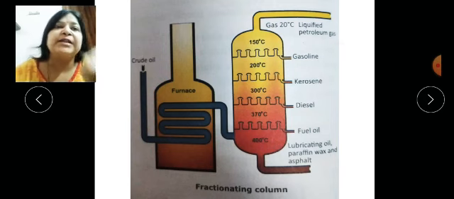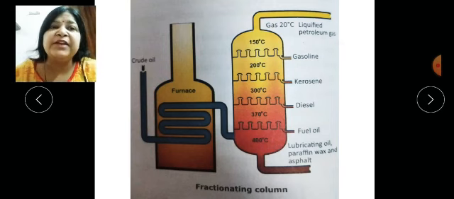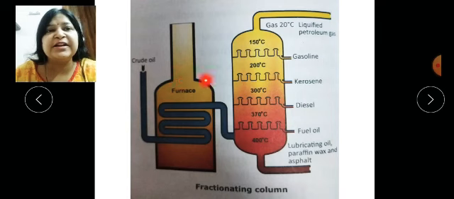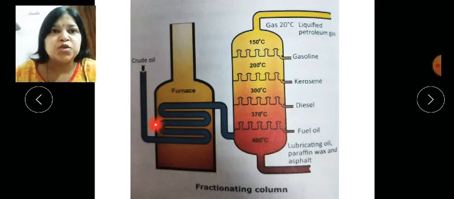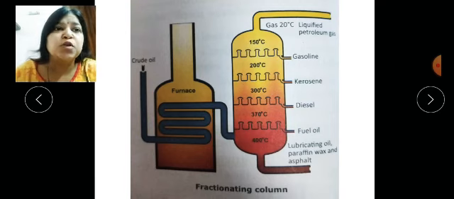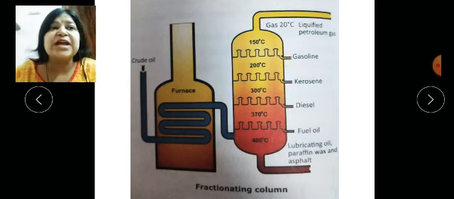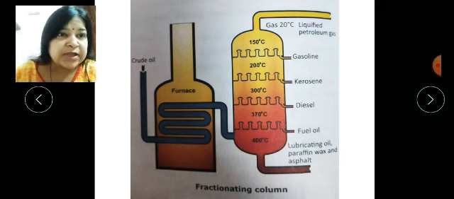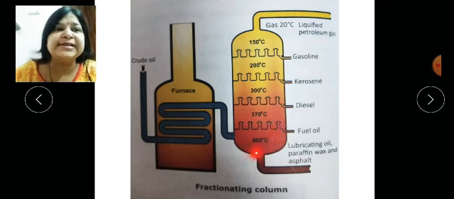Furnace means providing heat. Whenever we pass the crude oil, which is a mixture of so many components, we can see that gasoline has the lowest boiling point, 150 degrees, and the highest is paraffin wax and others, at 400 degrees Celsius.